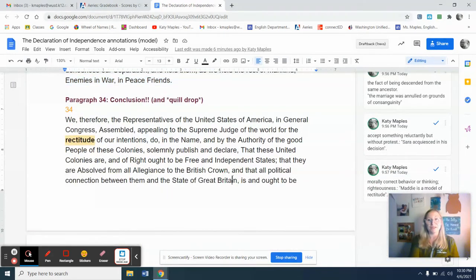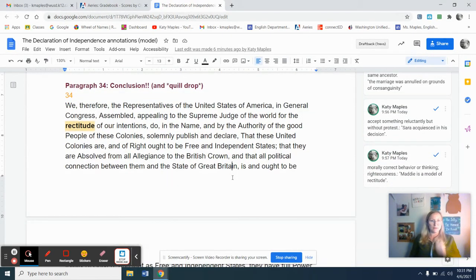Here's the conclusion where they actually say their independence.